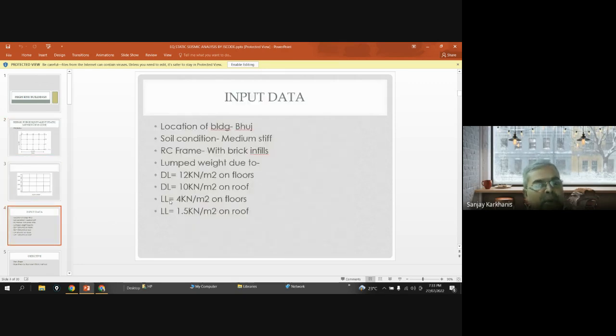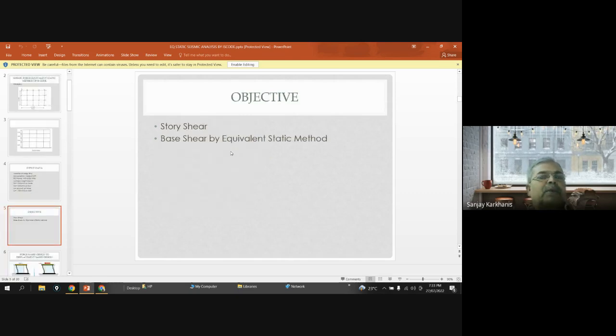Then this was the input data for our structural reference. The loading that we are considering is 12 kilonewton per square meter on floors, 10 kilonewton per square meter on roof. Similarly, live load is 4 on floors and 1.5 on roof. And our objective was to find out story shear and base shear by the equivalent static method.